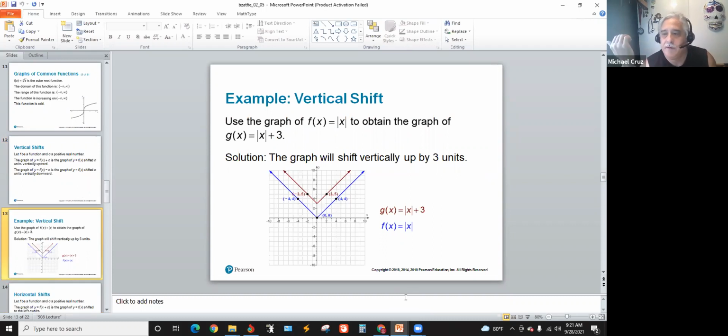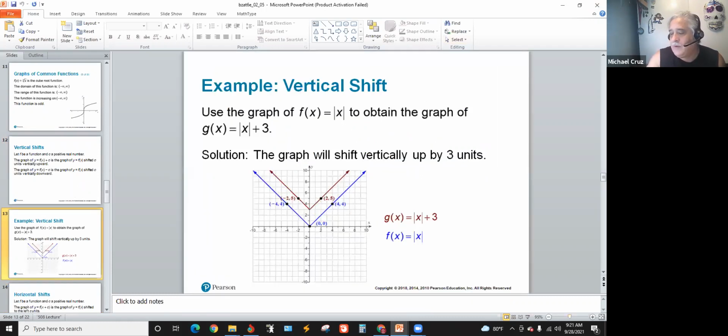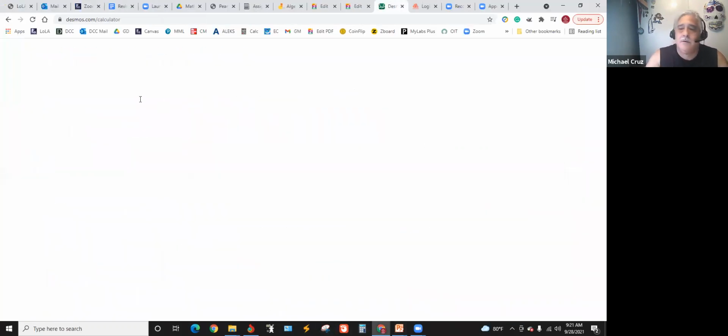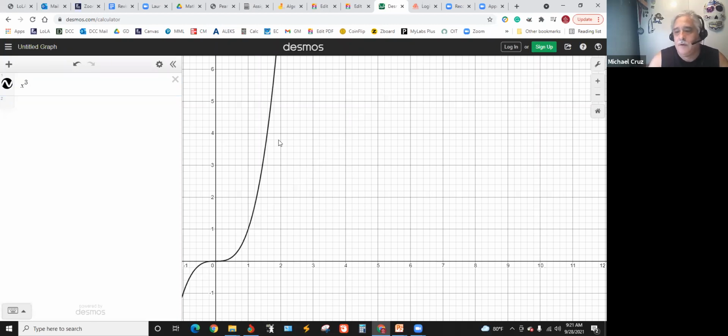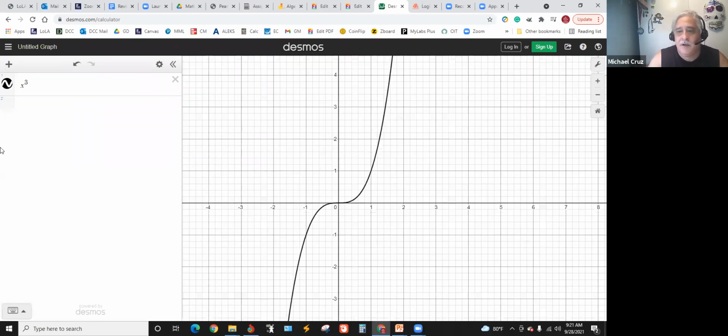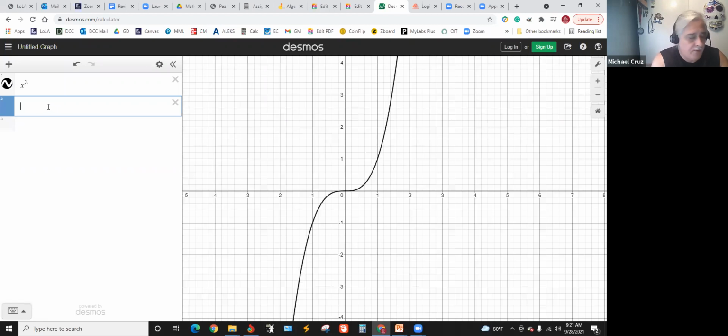Here's vertical shift. So if we add 3 to the function absolute value of x, it's pulling it up 3 points. Now let's look at another one. Okay, let's just say we got x cubed. So there's the x cubed function. We can do one or two things to it.